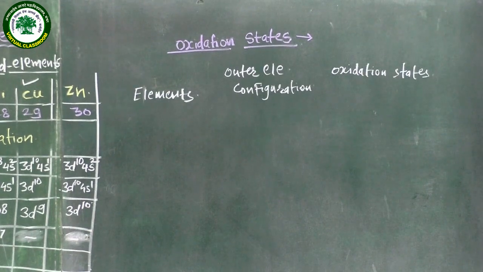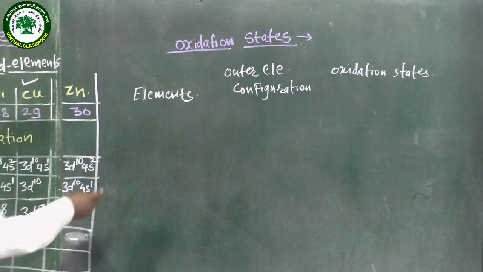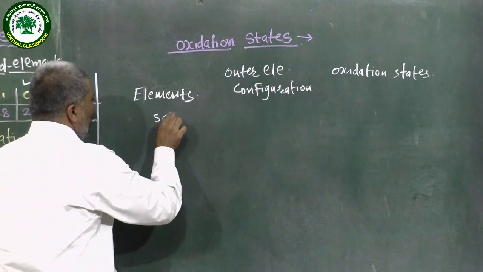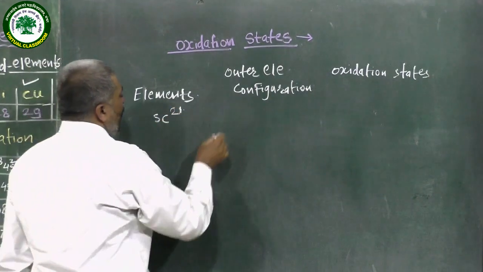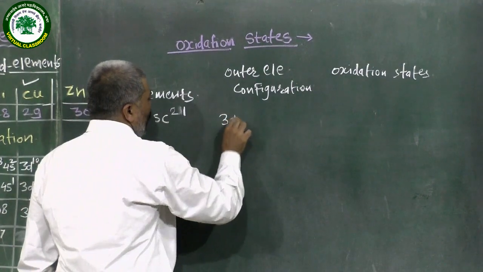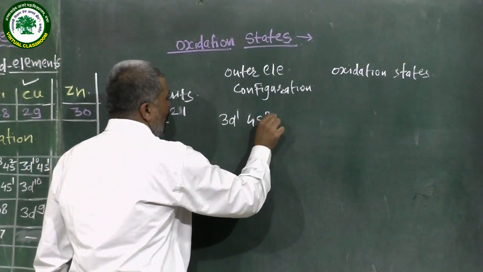Here in this table we know that the first element is scandium, atomic number 21. Outer electronic configuration is 3d1 4s2.